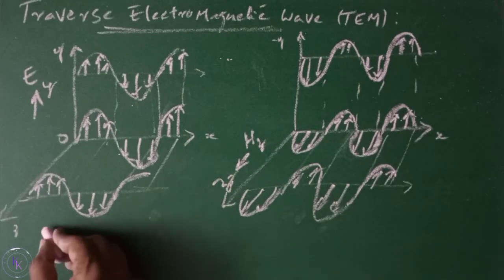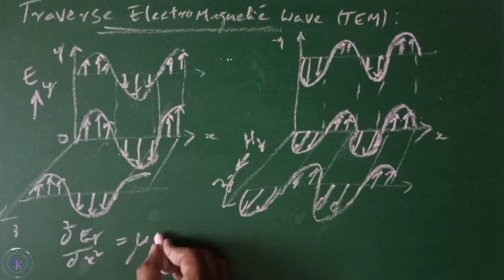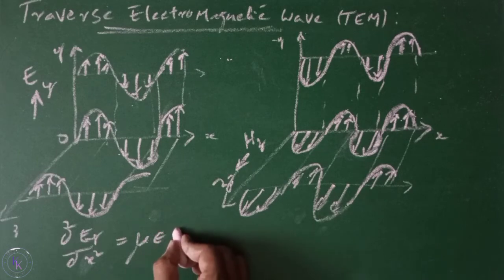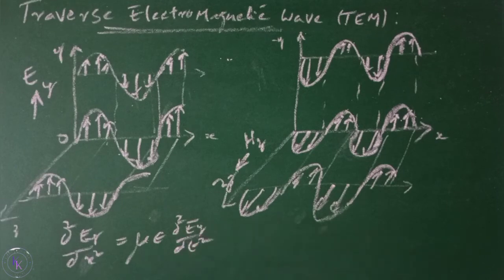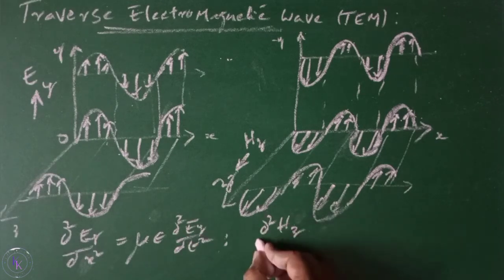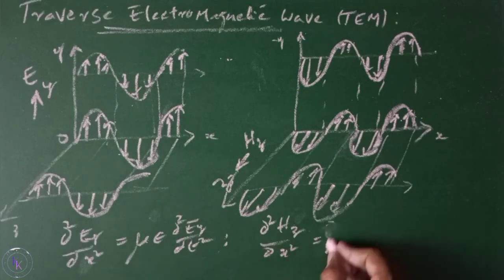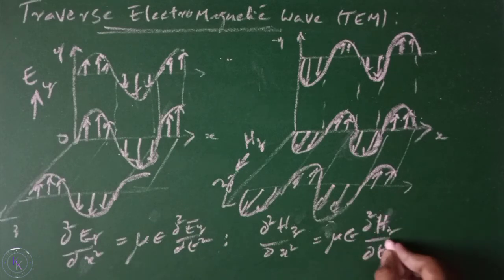Then we have ∂²Ey/∂x² equals mu epsilon ∂²Ey/∂t², and ∂²Hz/∂x² equals mu epsilon ∂²Hz/∂t².